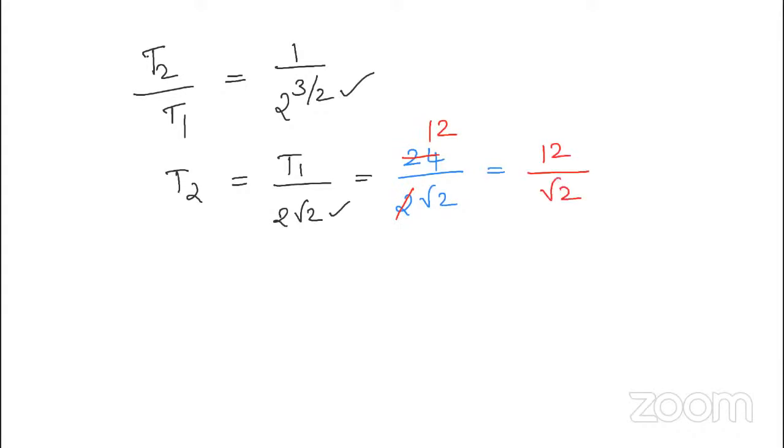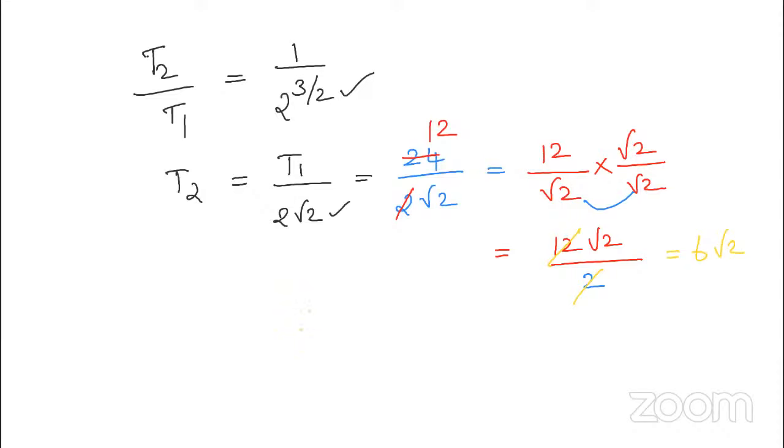Check the answer options. Is there any 12 by root 2? No. So multiply and divide by root 2. This value becomes 12 into root 2 divided by root 2 into root 2, which is 2. Then cancelling, we get 6 into root 2.